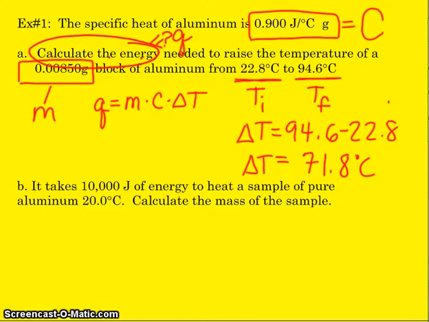My mass is 0.00850. My specific heat capacity, or C, is 0.900. And my change in temperature is 71.8. All I do now is multiply those to get my answer.